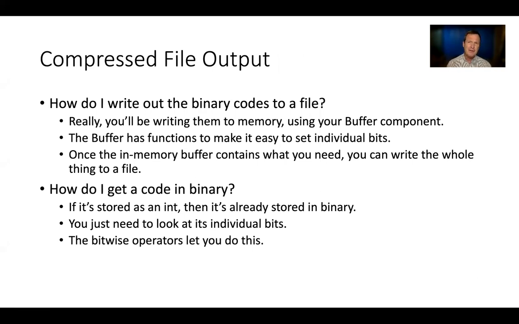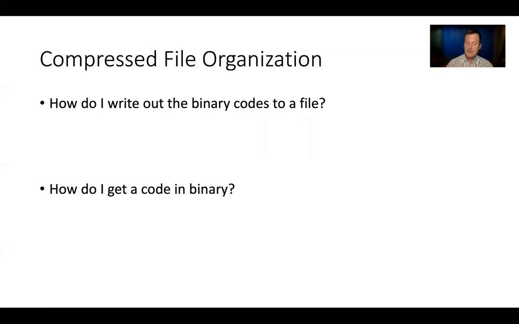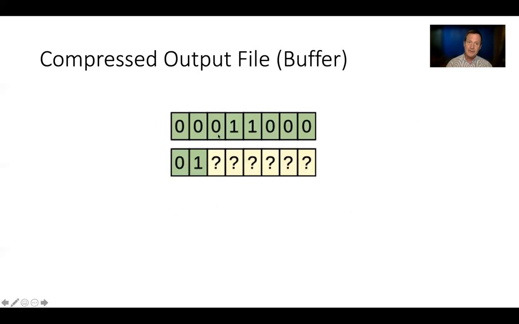You'll really be writing those into the bytes of a buffer. And remember, buffer has a couple of functions to make it easy to look at individual bits and change individual bits. So once you've got the code for a word that you need to write out, like 0, 0, 0, 1, 1, 0, 0, 0, 0, 1, you can just have a little loop that writes out those bits into your buffer.